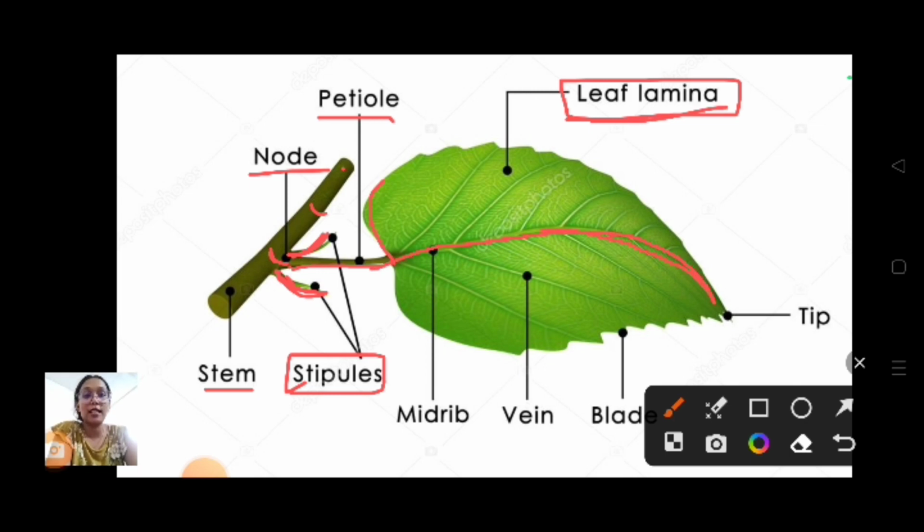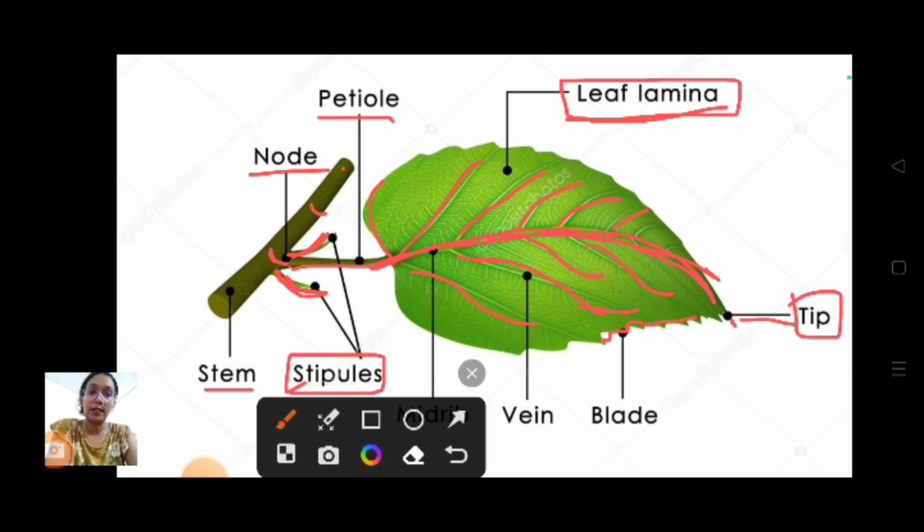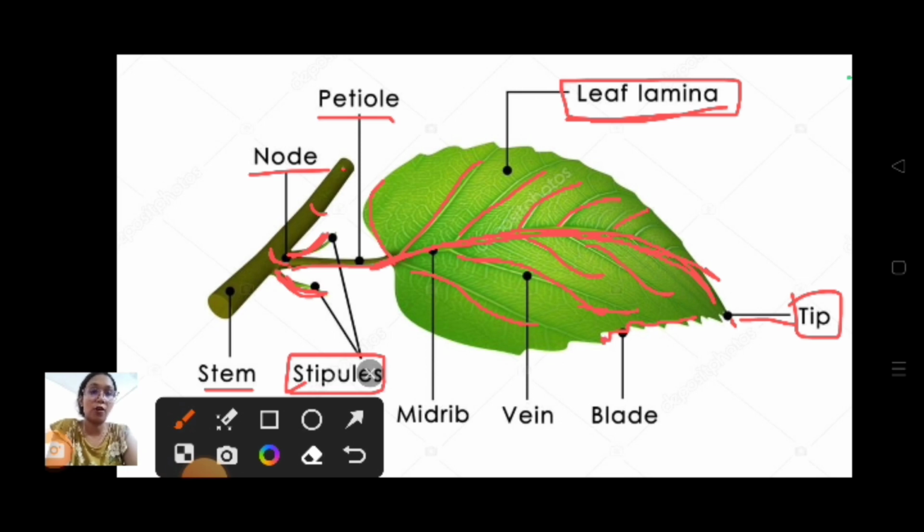The main vein is called the midrib, and the structures coming out from the midrib are called veins, which give shape to the particular leaf. Is it clear? Then this is the tip of the leaf, and this is called the blade, B-L-A-D-E. This is called the leaf blade, the corner portion. Is it clear?